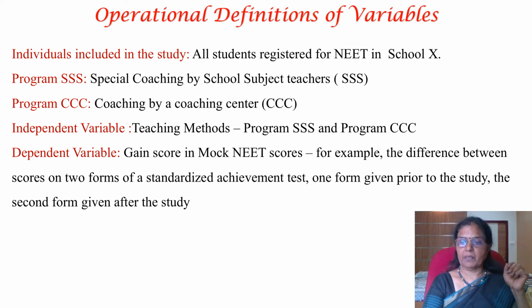And in this study, the independent variable will be the two teaching methods, program SSS and program CCC, because they are going to affect the mock NEET score, which is the dependent variable. It is going to depend on the method of teaching. So that is what our study is. The teaching methods, program SSS and program CCC, are the independent variables. They cause change in the performance of the students in the NEET score.